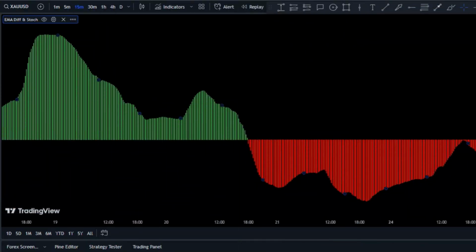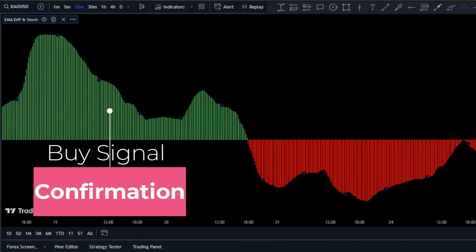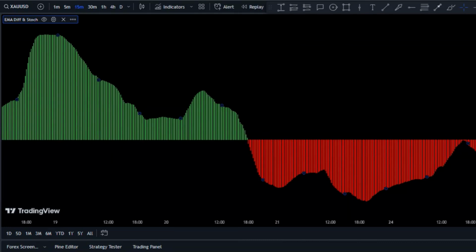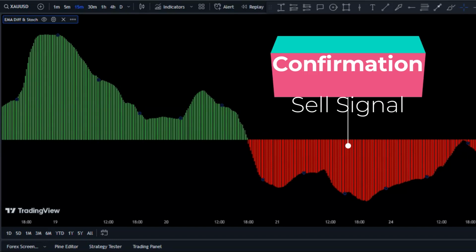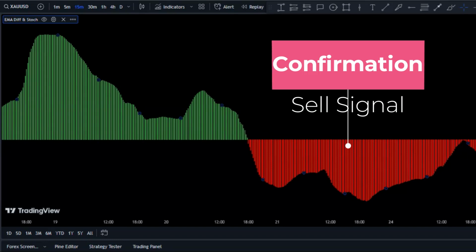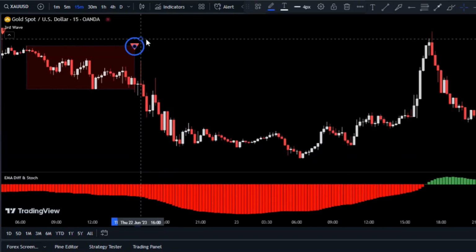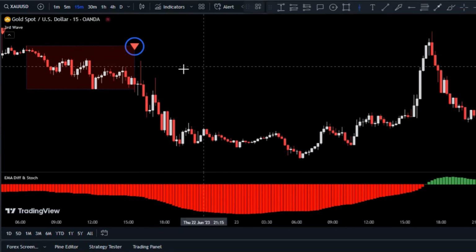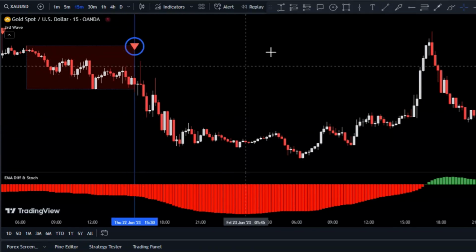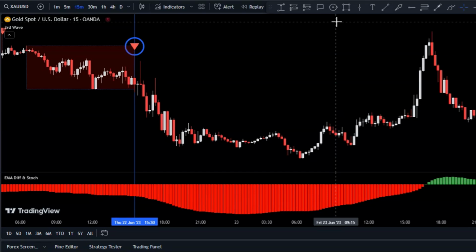Now the green histogram will confirm buy signals and the red histogram will confirm sell signals. Now if you observe the red histogram and the sell signal, it is confirmed that the signal is valid.